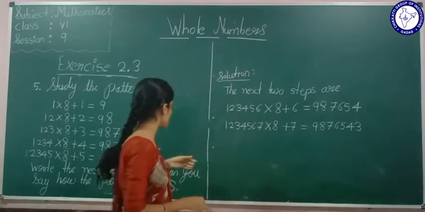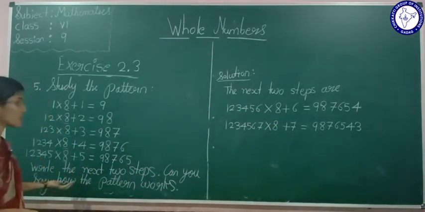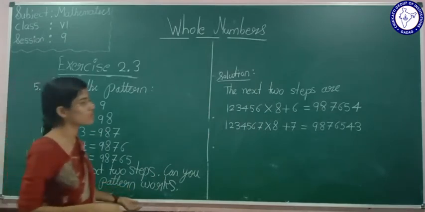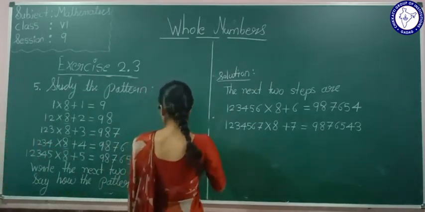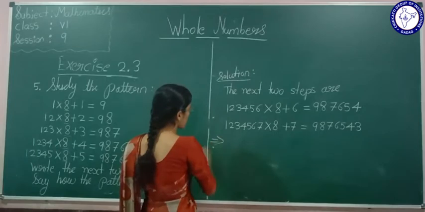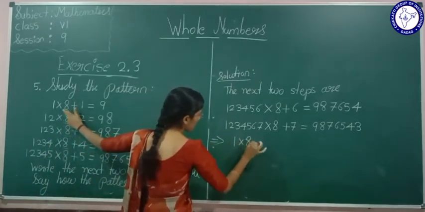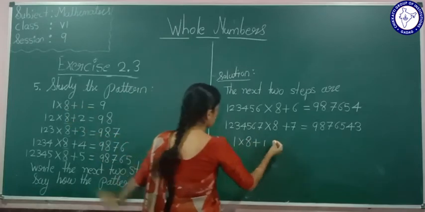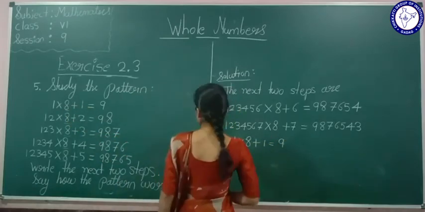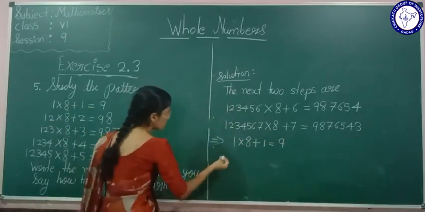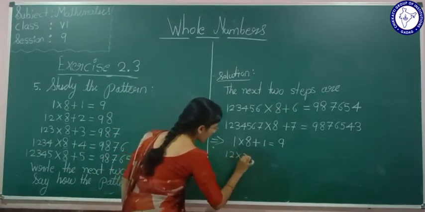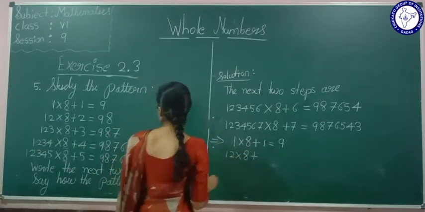Now we will see how this pattern works. 1 multiplied by 8 plus 1 is equal to 9. Next, 12 multiplied by 8 plus 2.